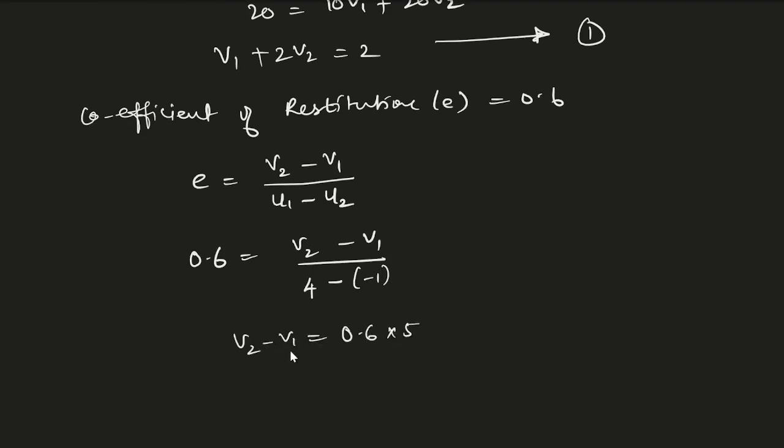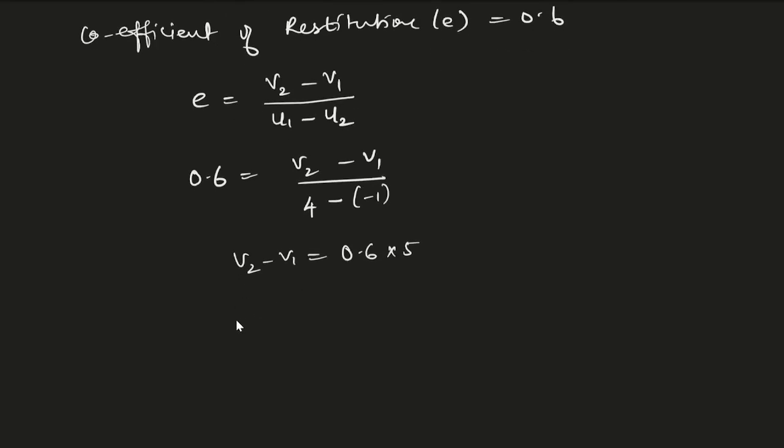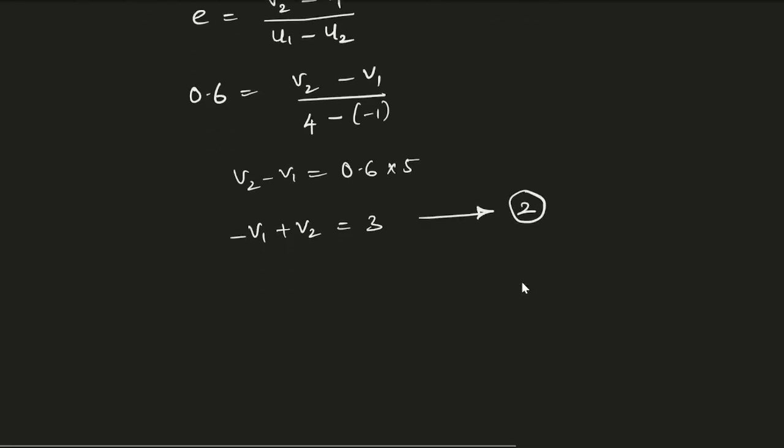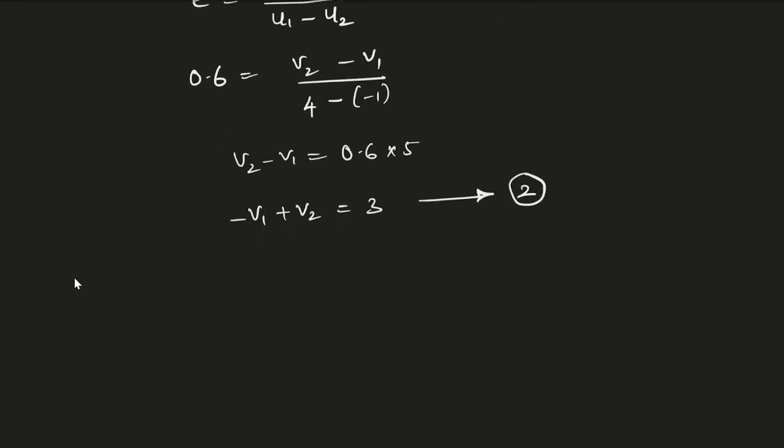I am going to rearrange the terms as well. So minus v1 plus v2 equal to 3. So this is my second equation from the coefficient of restitution. Now what we can do is solve equations 1 and 2 to get v1 and v2.